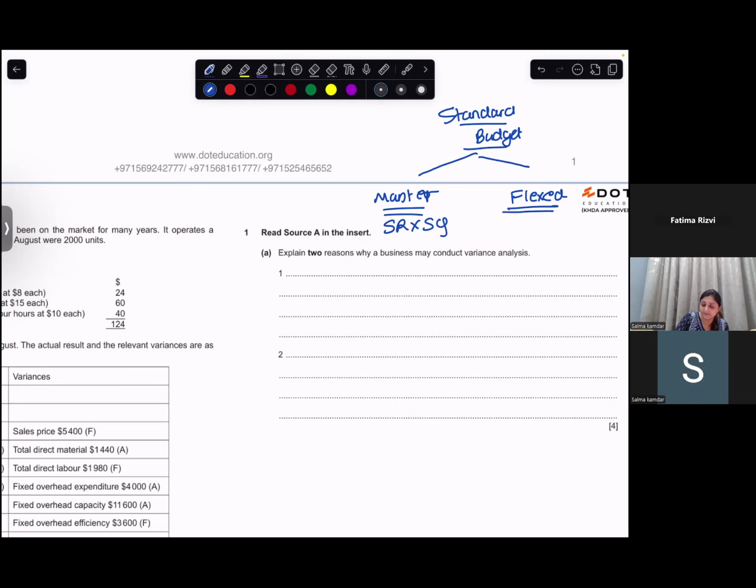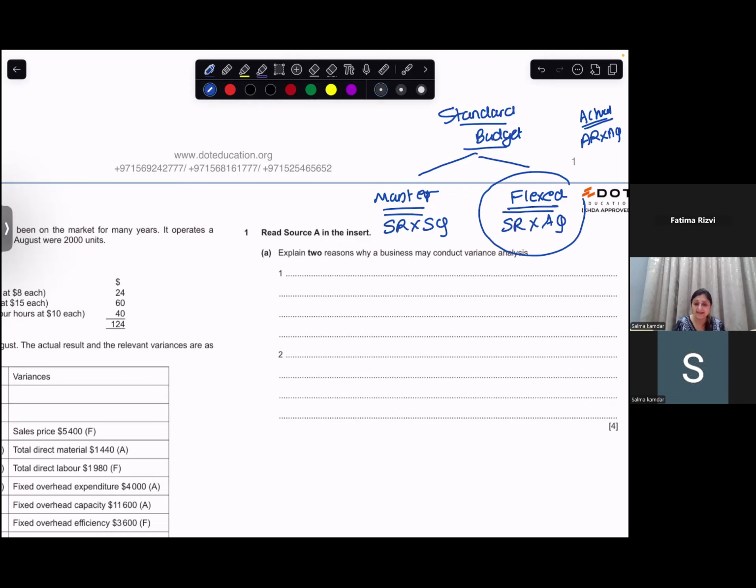And flex is standard rate with actual quantity. Standard rate into actual quantity. So when you compare your flexed budget with your actual budget, actual rate into actual quantity, and if there is any difference, you get a variance and you do a variance analysis.